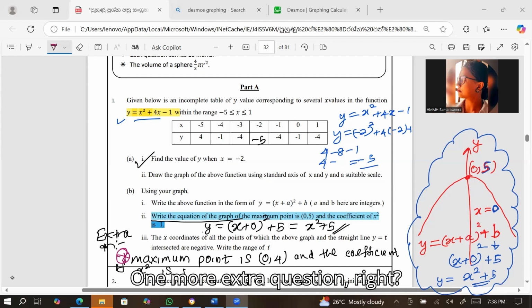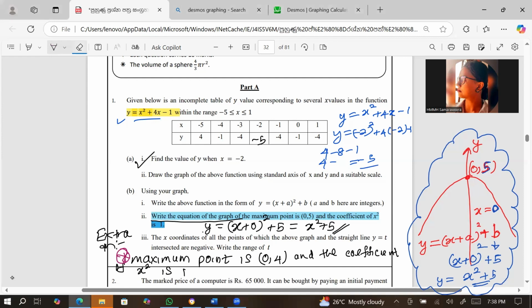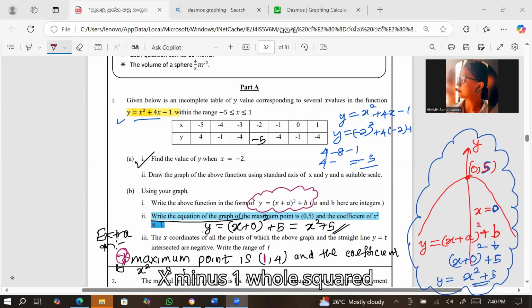One more extra question. Maximum point is (1, 4) and the coefficient of x squared is 1. What is the equation of the graph? It is (x minus 1) all squared plus 4, right?